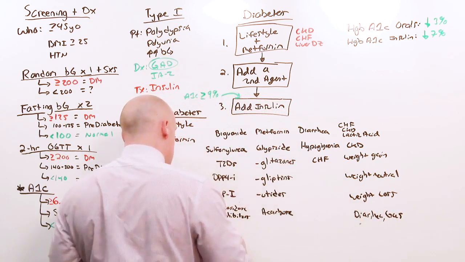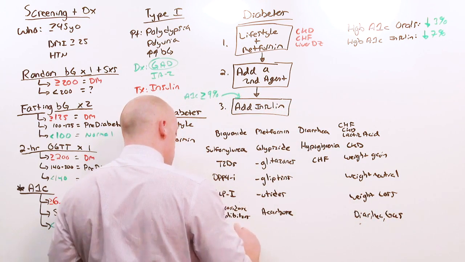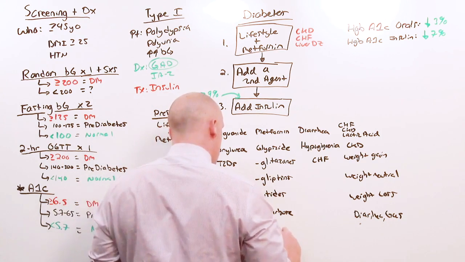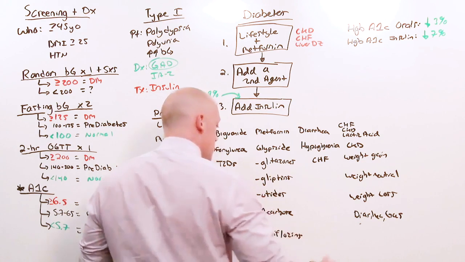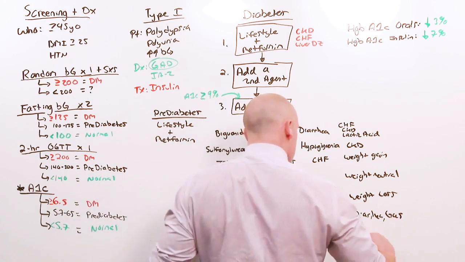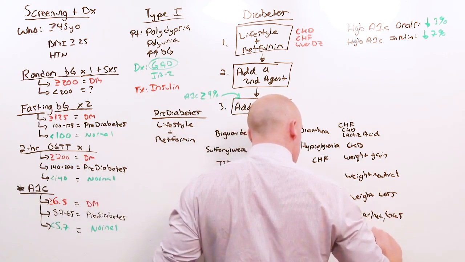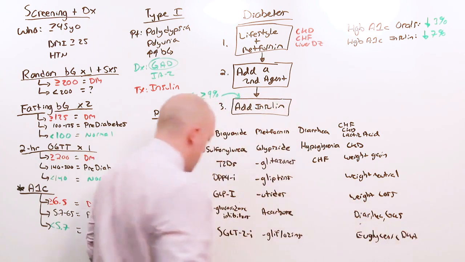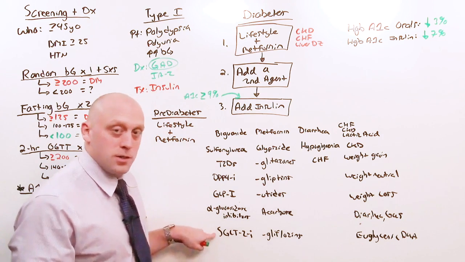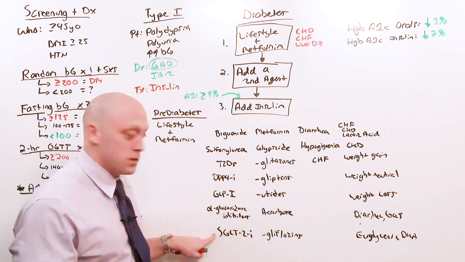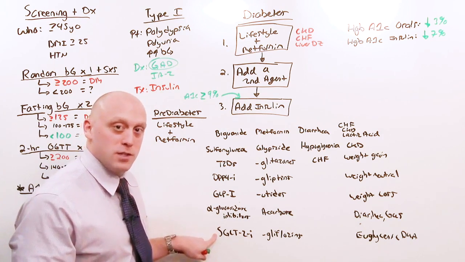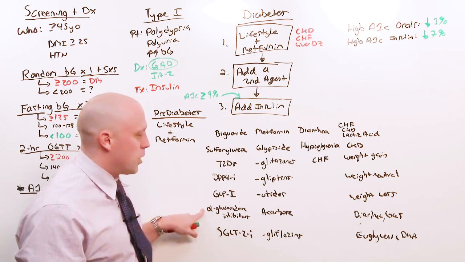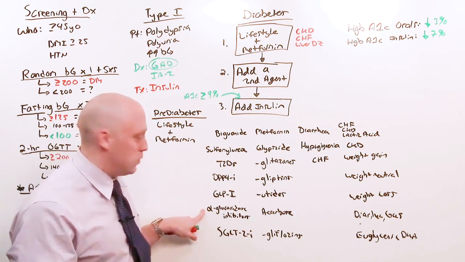And then the SGLT2 inhibitors, the gliflozins, these cause euglycemic DKA. Stay away from these because they cause DKA. Their mechanism of action is the same mechanism of action that causes dehydration and leads to DKA. The alpha glucosidase inhibitors, acarbose, cause diarrhea and gas, and no one's going to want to use those.